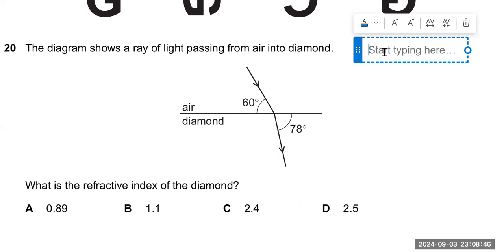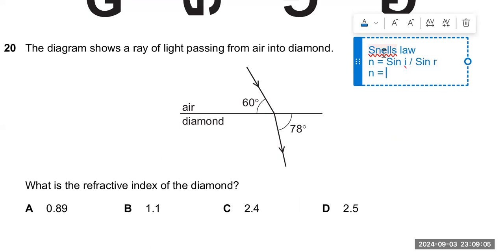So in that case, when light enters from air to glass, we use Snell's law. According to Snell's law, refractive index n is equal to sine of incident angle divided by sine of refracted angle.